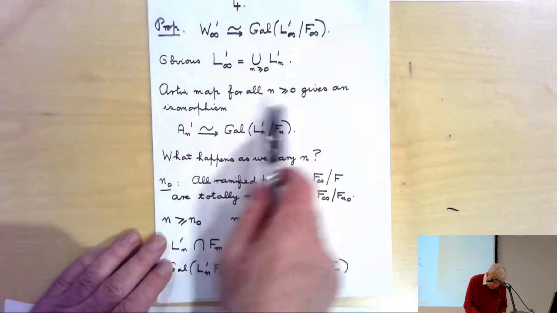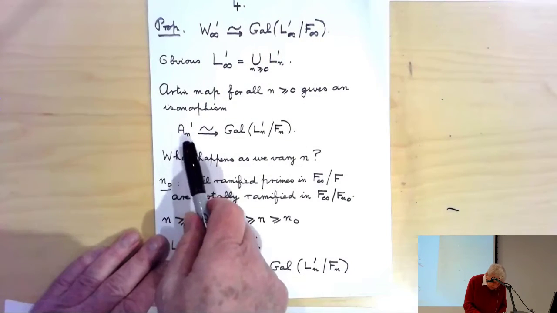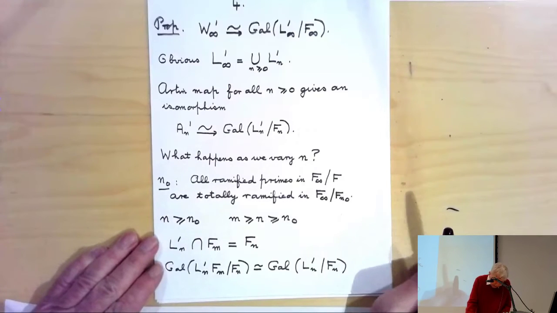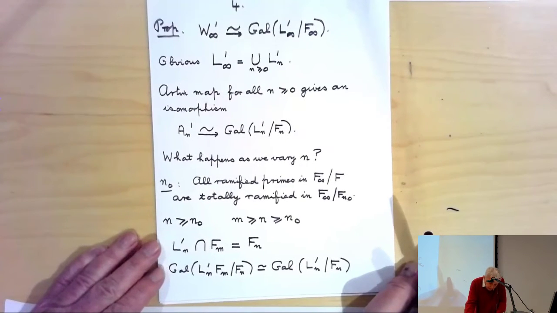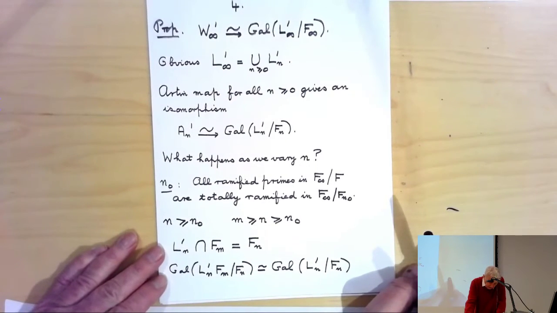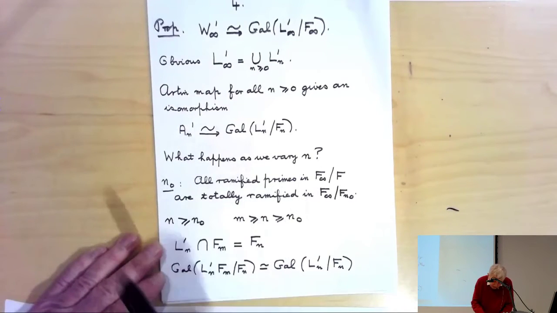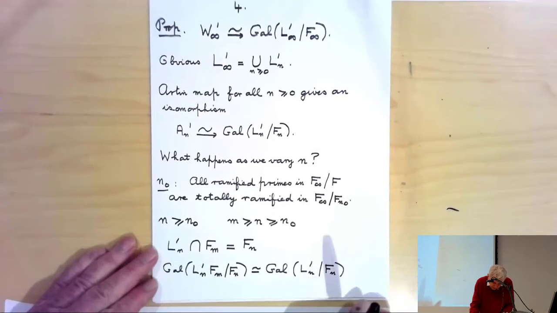And of course, by class field theory, A_n prime is always the Galois group of L_n prime over F_n. And let's just recall what happens when we vary n by class field theory.